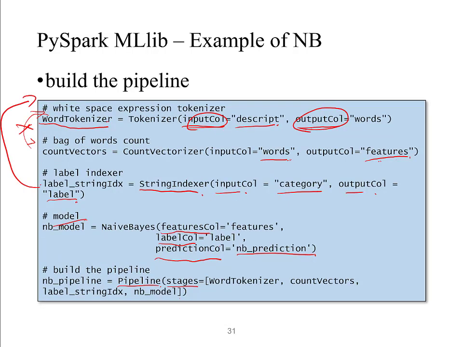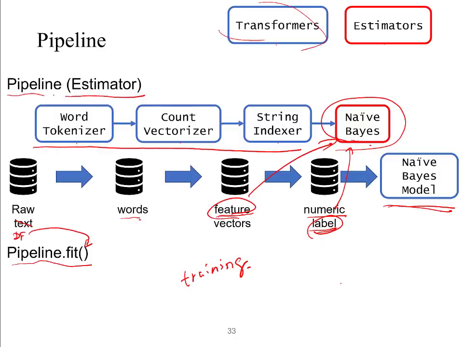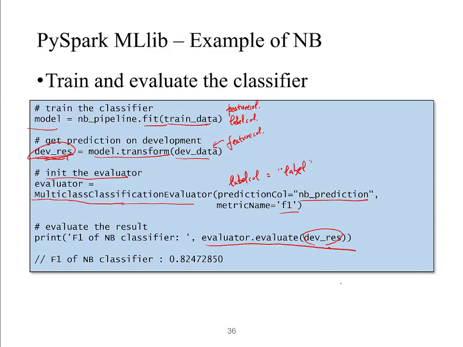We build a pipeline, and the order matters here. We fit the train data to the pipeline in order to train the classifier, and we do the prediction using the trained pipeline model with the transform method.